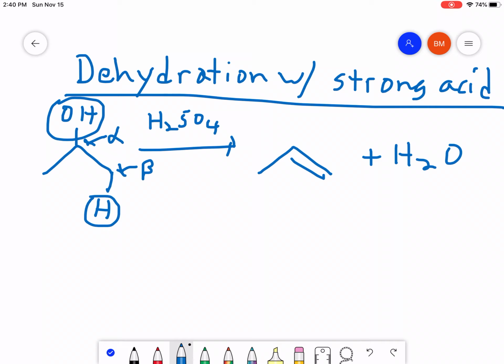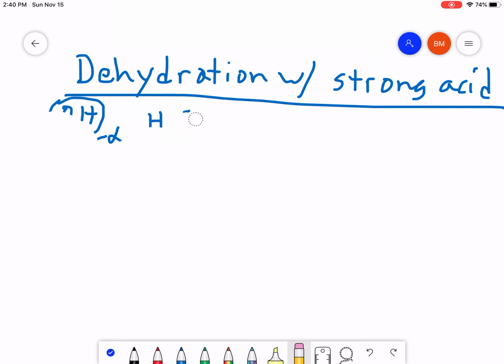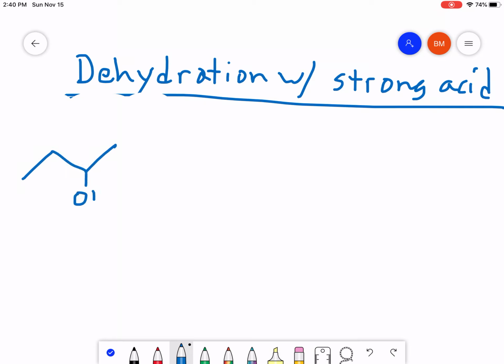Okay? So you could have something like this. Just like we saw with elimination reactions of alkyl halides, you can have mixes of alkene products. Yay, mixes. Nice and complex, right? If you had something like this, you see, well, what's different about this example as opposed to the other one?